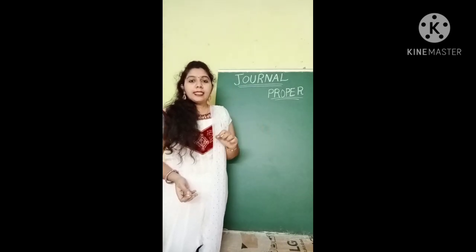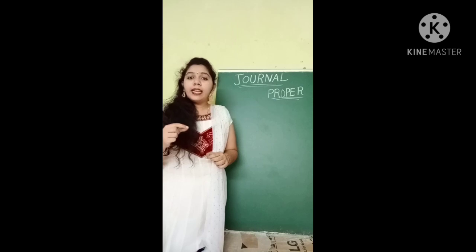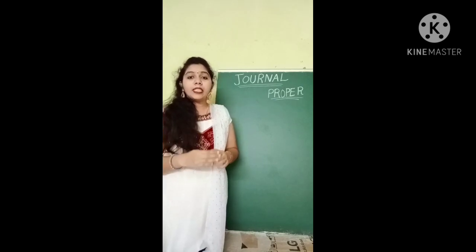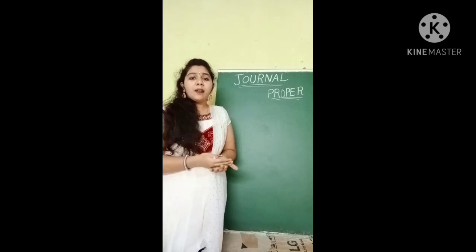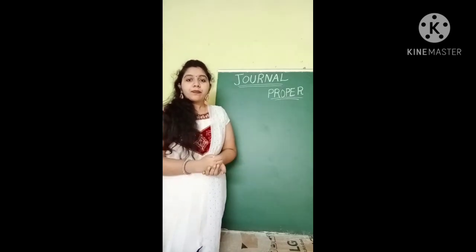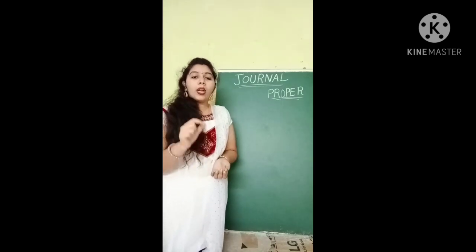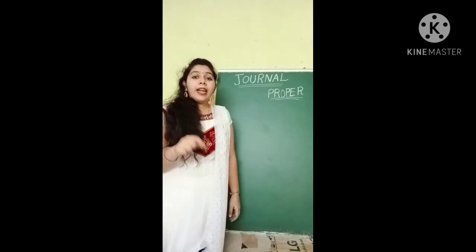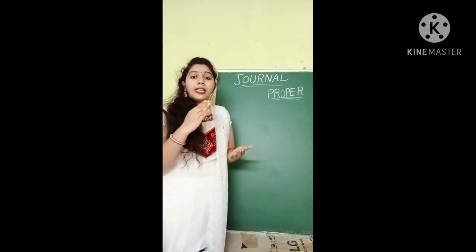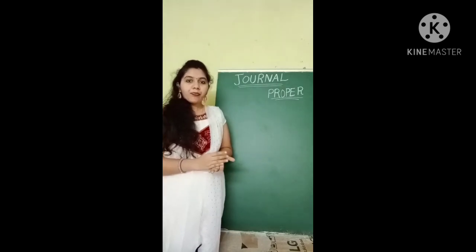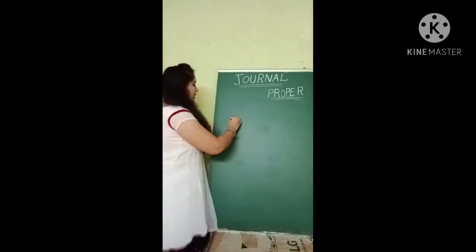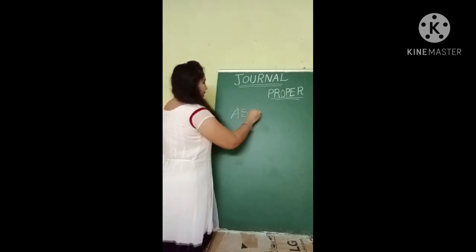Without knowing about assets and liabilities, we cannot do anything in accounts. First we have to know what an asset is, what a liability is and how many types there are. First, let us discuss asset.